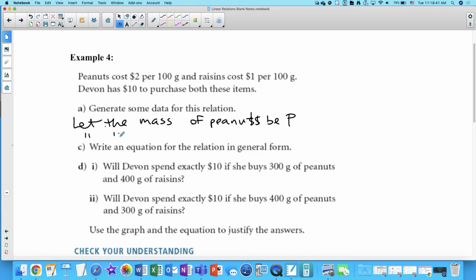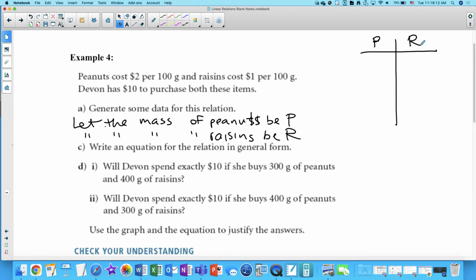And let the mass of raisins be R. Okay, and then I am sort of constrained by the fact that Devin can only spend $10. So if I'm creating a table of values with P and R, okay, the peanuts are $2 for 100 grams, and the raisins are $1 for 100 grams.